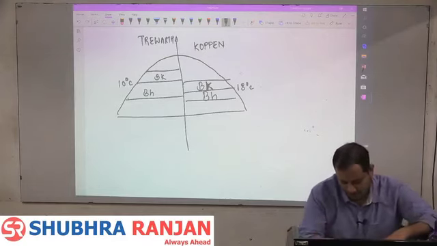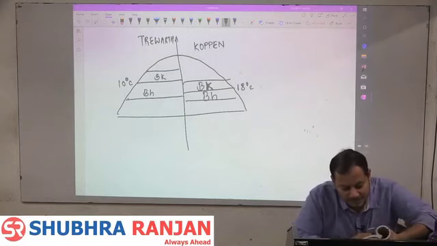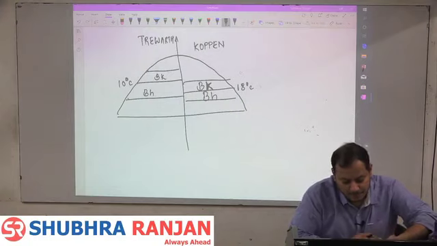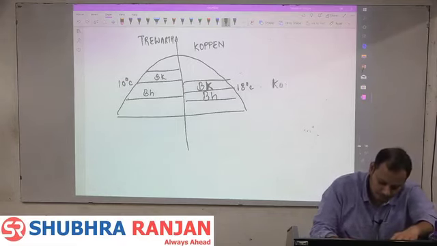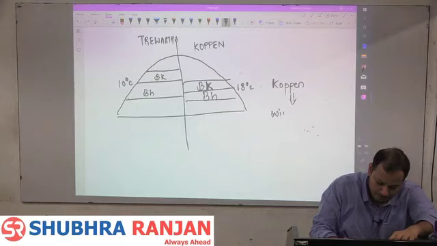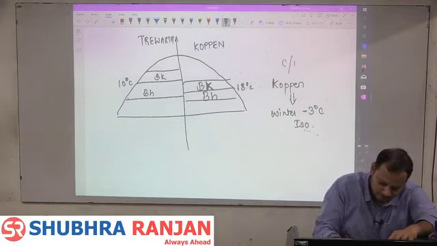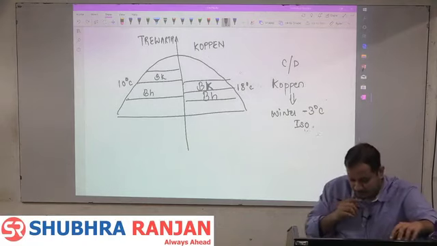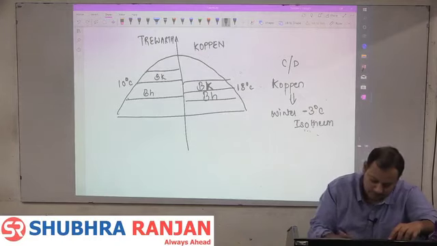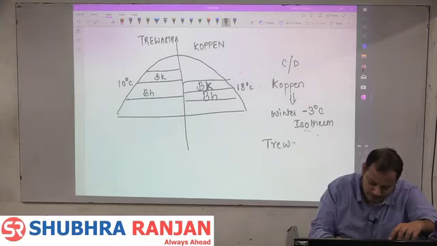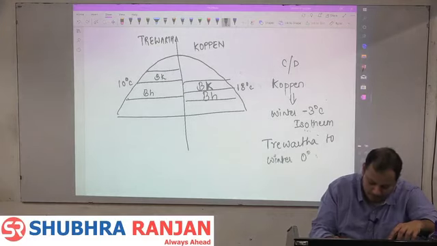Next point. For the boundary between C and D type of climate, Köppen considered the winter -3 degrees Celsius isotherm, which was changed by Trevartha to the winter 0 degrees Celsius isotherm.